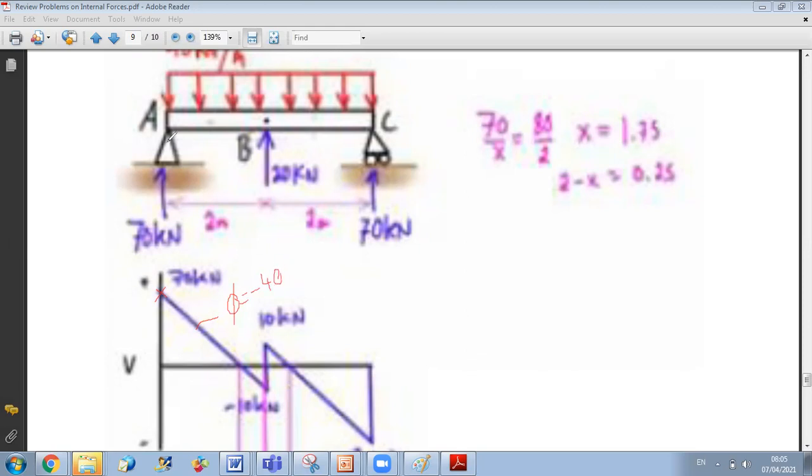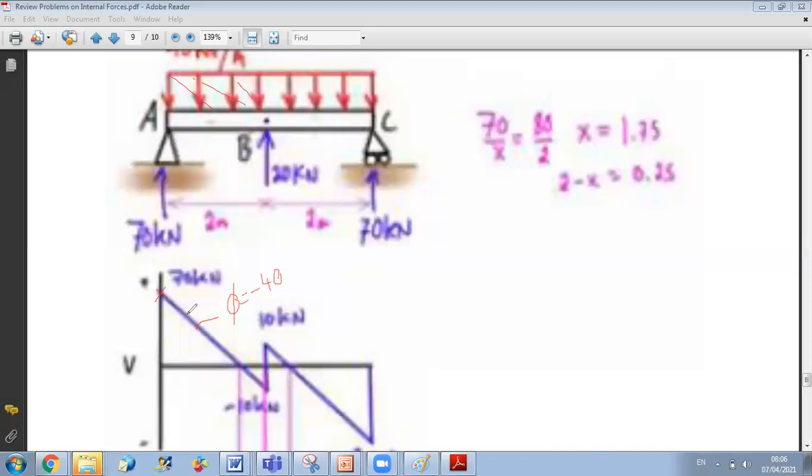And from A to B, I have that variation. Why do I stop at B? Because I have at B a concentrated force, so I will have a jump at B. From A to B, the variation of shear is equal to the area under this rectangle. This area is equal to 40 times 2 equals 80.